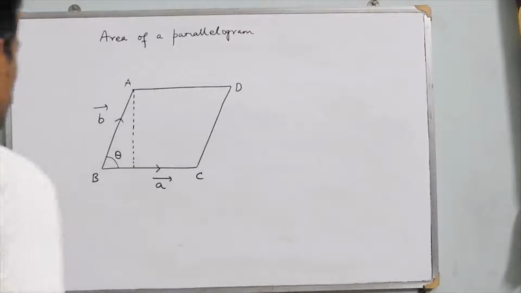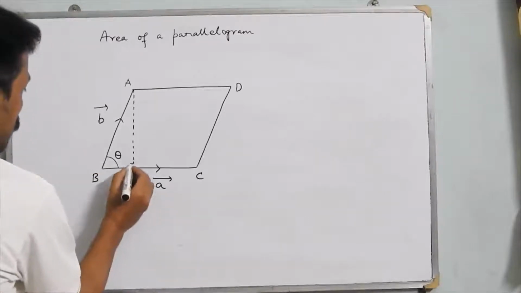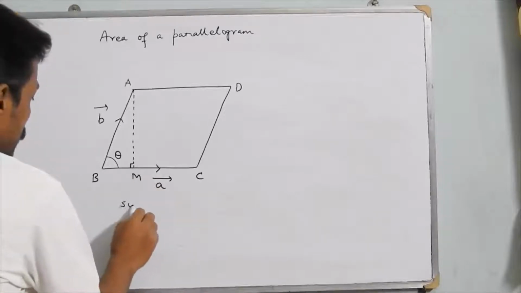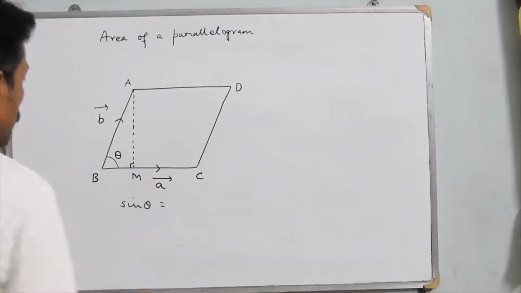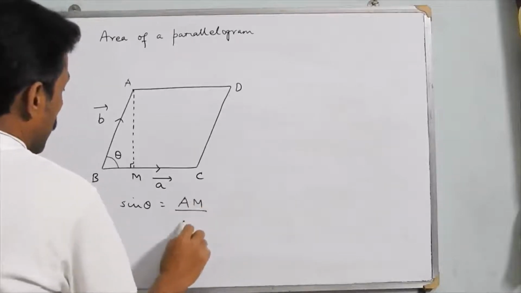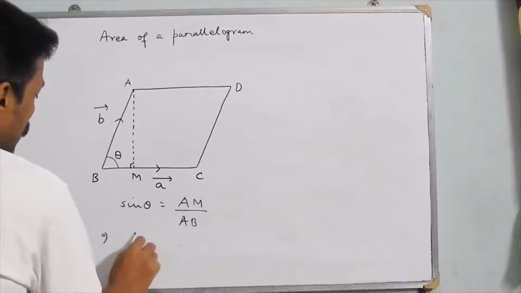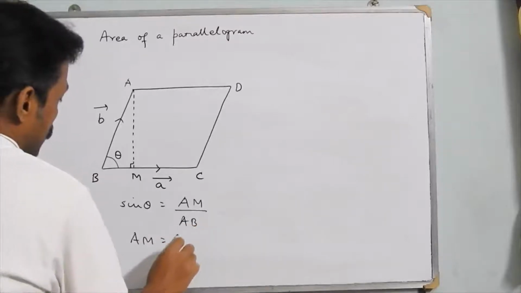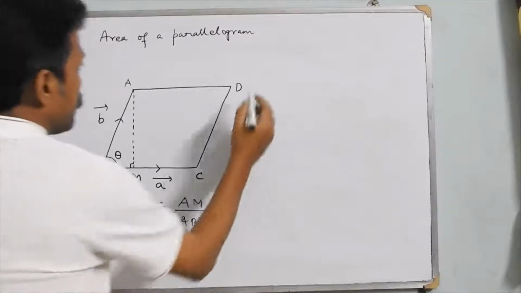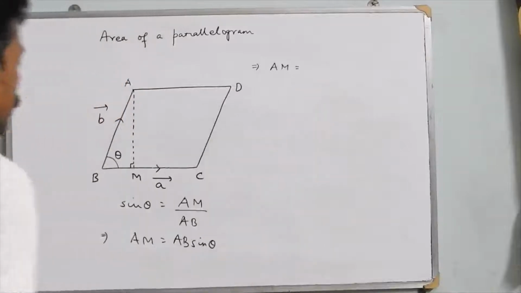So if you calculate sin theta from this particular triangle, suppose this is triangle ABM, sin theta will be AM by AB, or you can say AM is AB sin theta, which means AM, that is the perpendicular, is equal to AB.